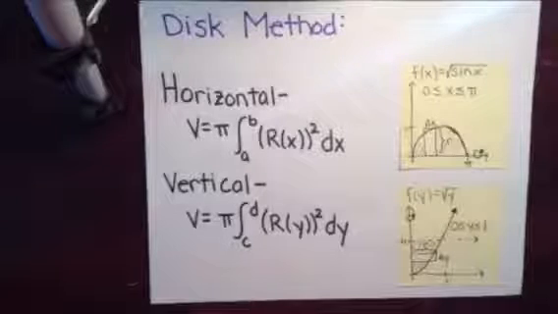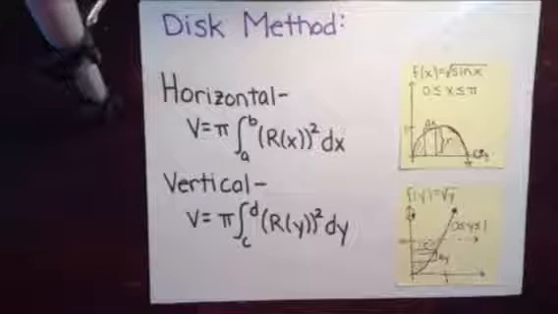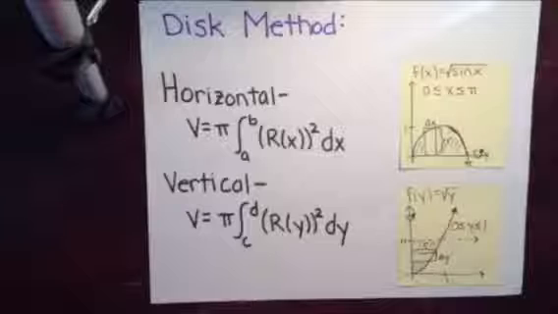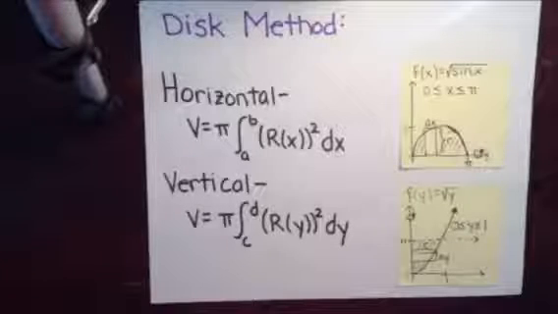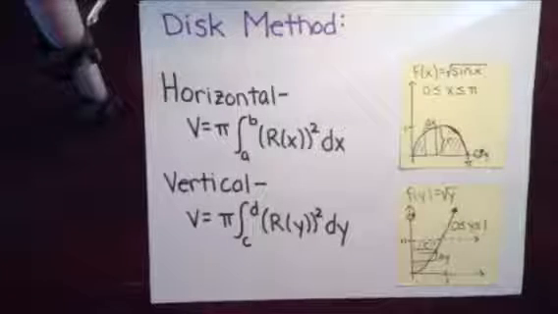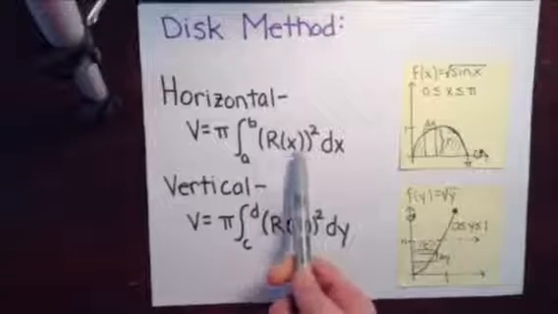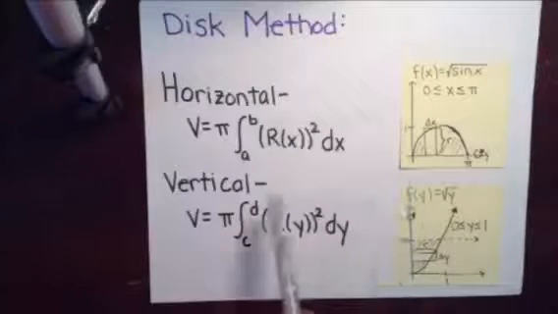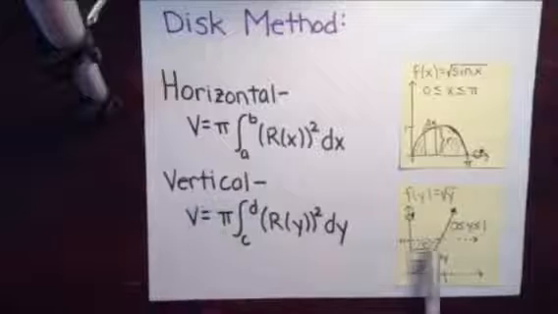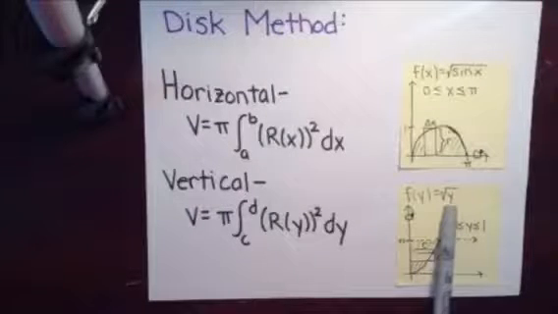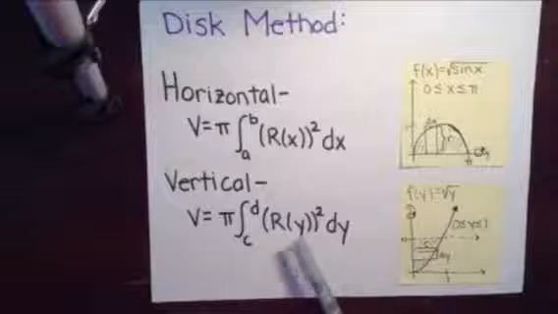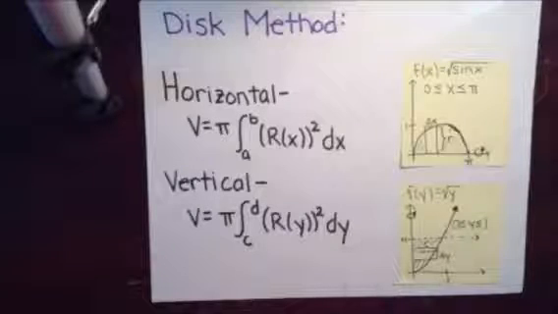So again, since we have the function written in terms of x and the same variable for the axis of revolution, we're going to be integrating in terms of x. Also, for the vertical axis of revolution, we have the function written in terms of y, so we're going to integrate with respect to y.